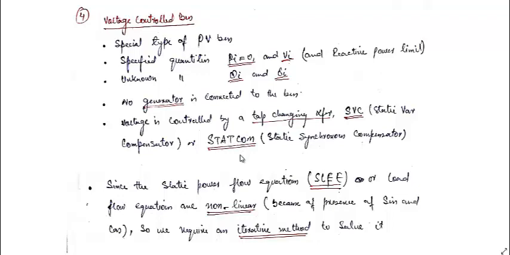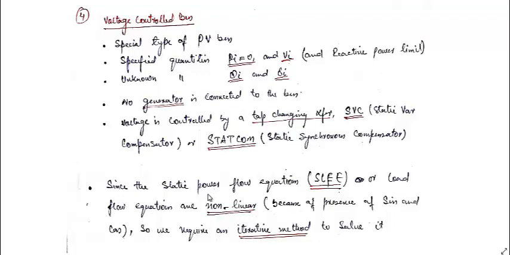It imparts only the effect of the capacitor or inductor in the system by using a switching mechanism. There is no capacitor present. Here there is a capacitor present and the capacitance varies as per the switching of the thyristor and by the tap changing transformer. Or we can have simply direct capacitors which are connected through the switches. Now these are the four different buses based on the different quantities given.